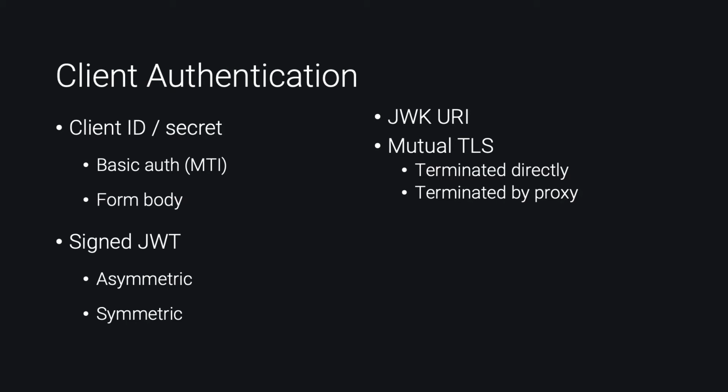To also have non-repudiation, we could use asymmetrically signed JWTs instead. In this case, the OAuth client would use the private key to sign a JSON Web Token and send that to the authorization server, which would verify it with a public key. If the digital signature validated the contents, then the authorization server would know that the client that is communicating with it really is the one that it thinks it is.